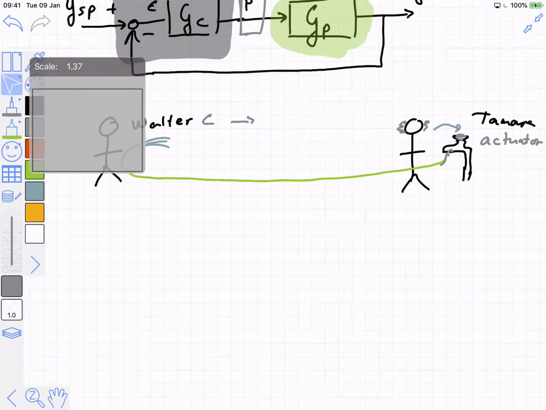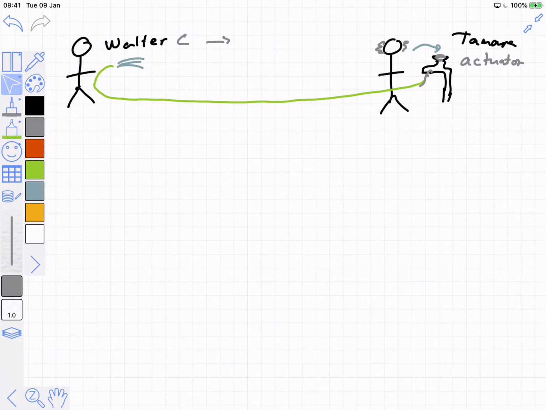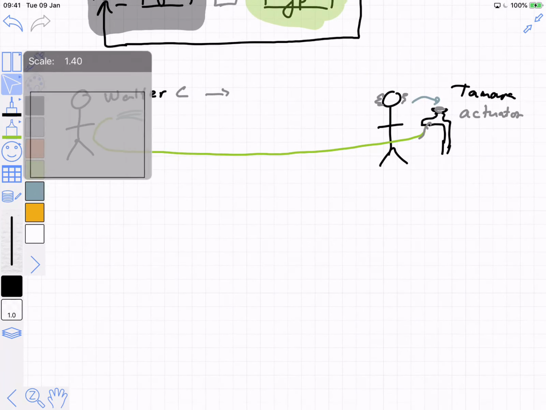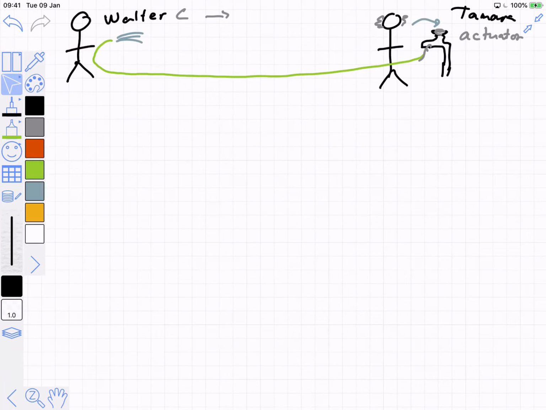And when you think about it in that way, think about this picture now, and imagine the timelines. Imagine Walter has the strategy of saying, I'm going to shout louder the further away I am from my desired amount, and I'm going to shout less loudly the closer I am to my target.